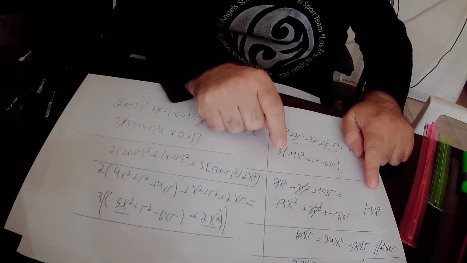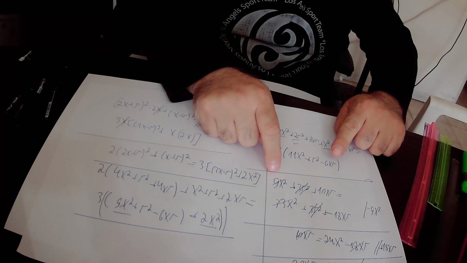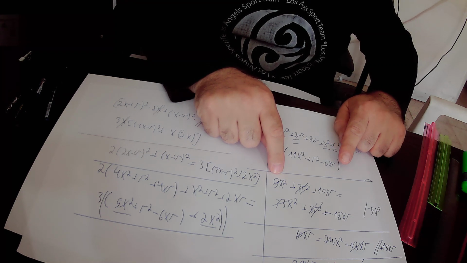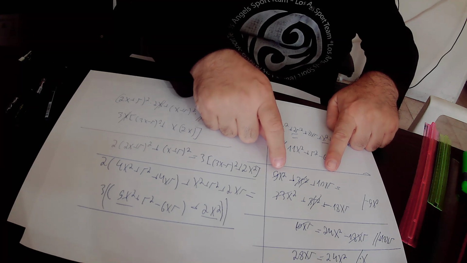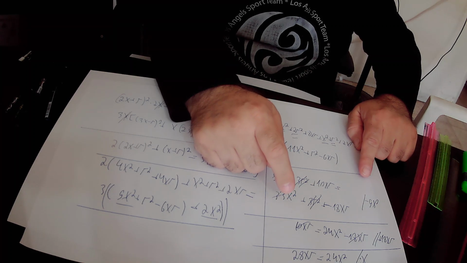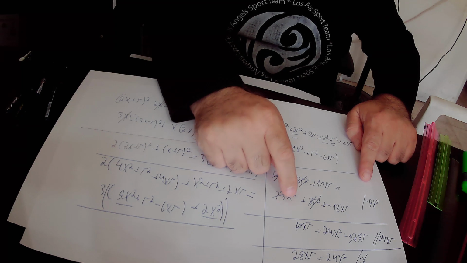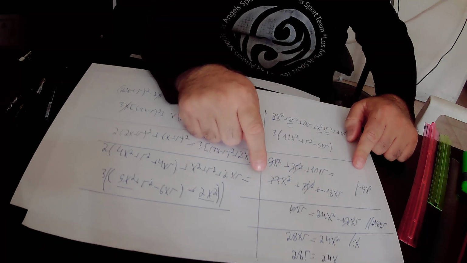Here we subtracted 9x² from this equation. 9x² minus 9x² is 0, so in this side of the equation we are left only with 10xr. In the other side of the equation we have 33x² minus 9x² is 24x², and we also have here minus 18xr.